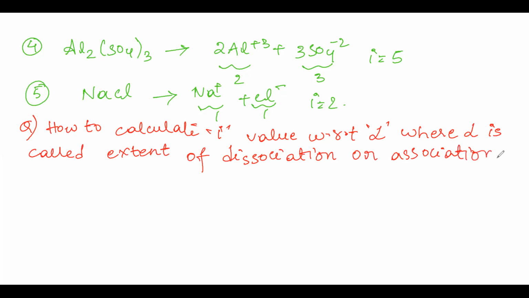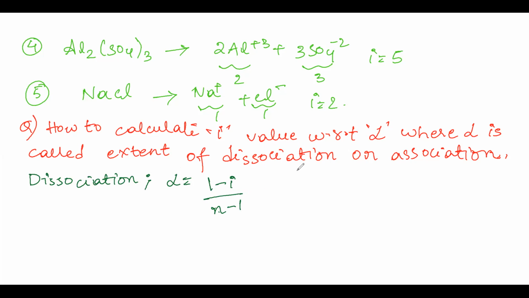In case of dissociation, alpha is equal to (i minus 1) by (n minus 1), where i is called the van't Hoff factor and n is the number of ions.